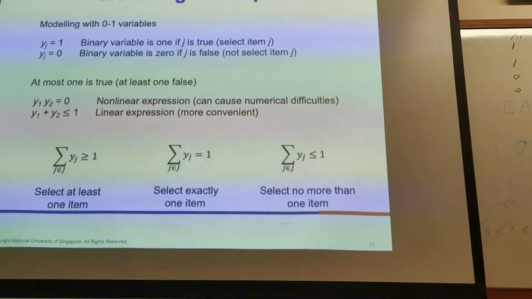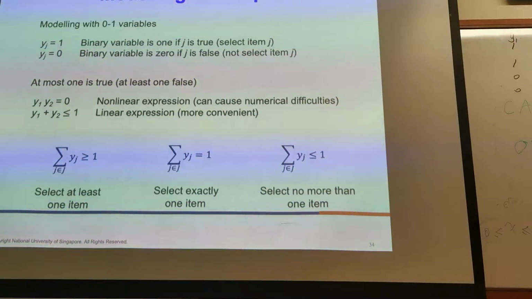If I only have 2, I start with 2 options. y1 and y2 are my decision variables. So here I say at most 1 is true, or it means at least 1 is false, because I only have 2 options.